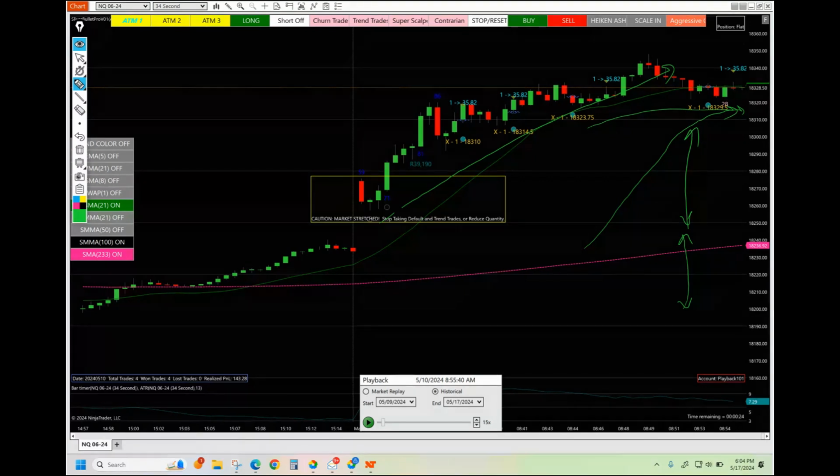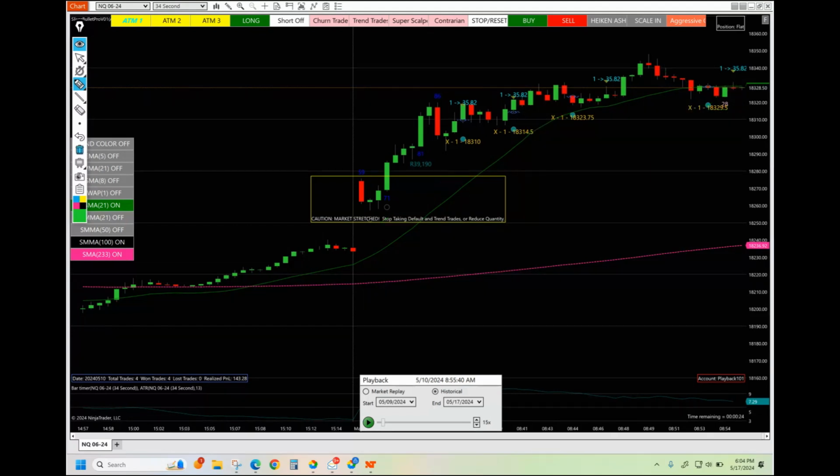Not only that, the price came below 21, and then it went above 21. A long trade happens only when the price is above 21. For a moment the price went above 21 and a trade took place here, and that was profitable, of course.